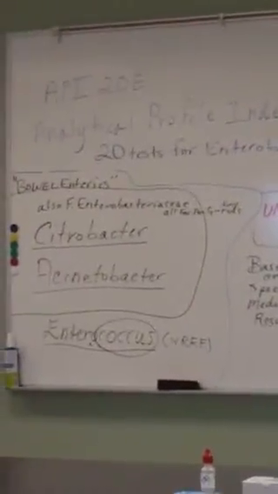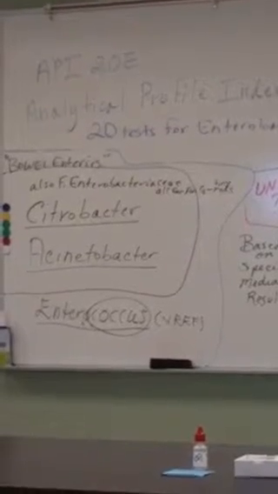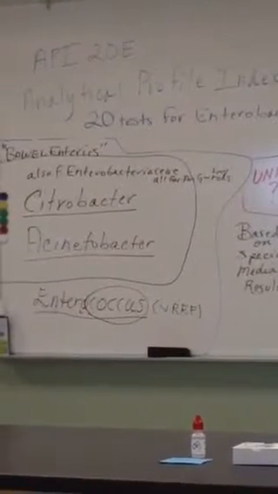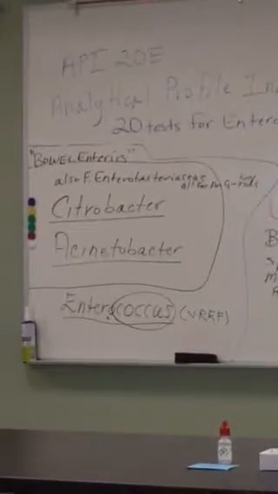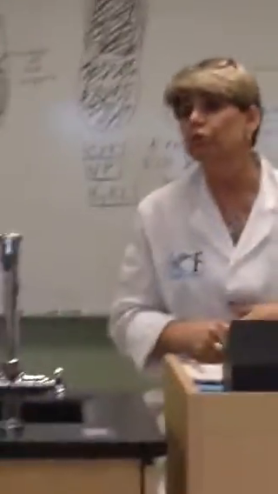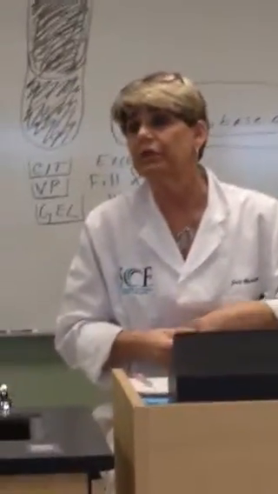However, the test is absolutely unnecessary. It's not even on your API test strip, because a catalase test is not done on Enterobacteriaceae because they're all catalase positive. So I can't tell E. coli from Serratia with a catalase test because they're all going to be catalase positive. It's not helpful when you're trying to differentiate Enterobacteriaceae.